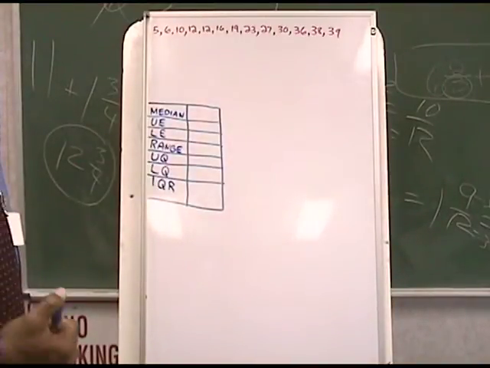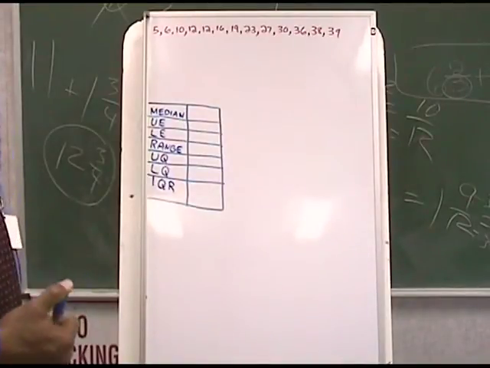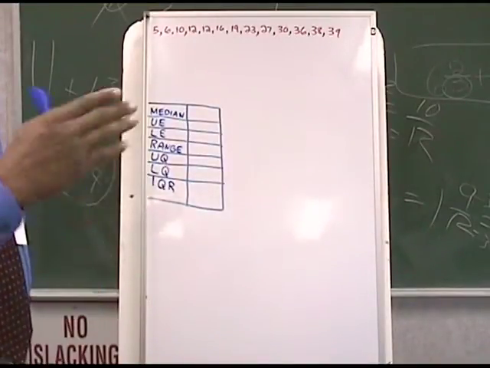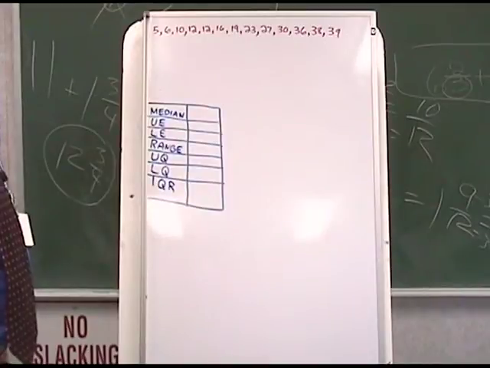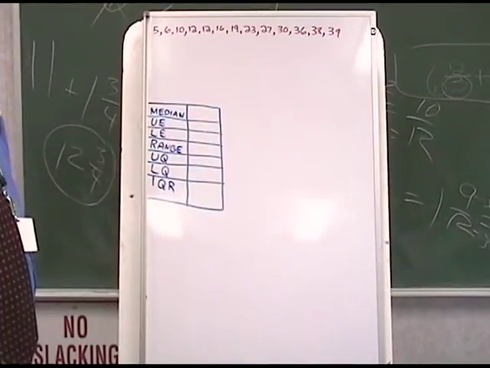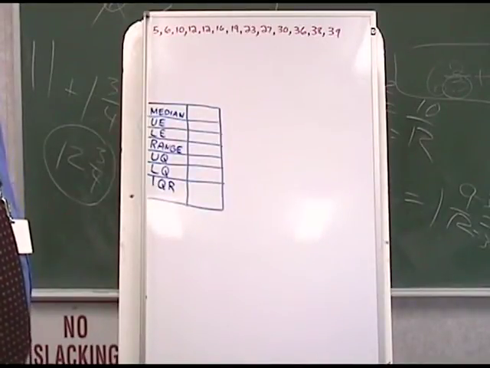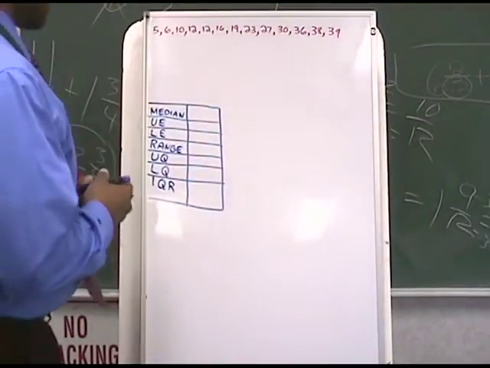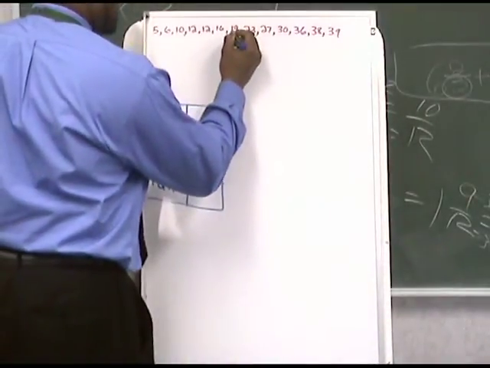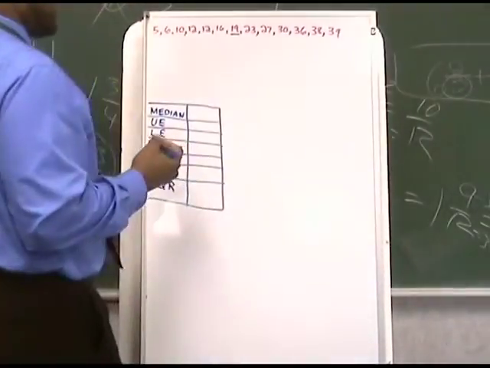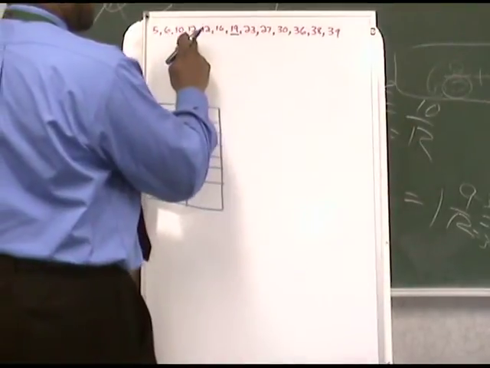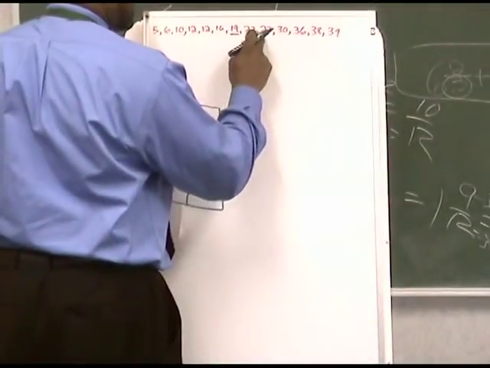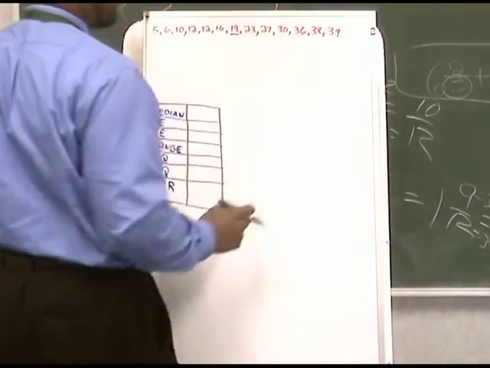Now, from the mean, median, mode segment, we know that the median is the middle number. In this case, we're using the same data, so the median is the same. The median from this set of numbers is 19, because we have 1, 2, 3, 4, 5, 6, 7, 8, 9, 10, 11, 12, 13 numbers.